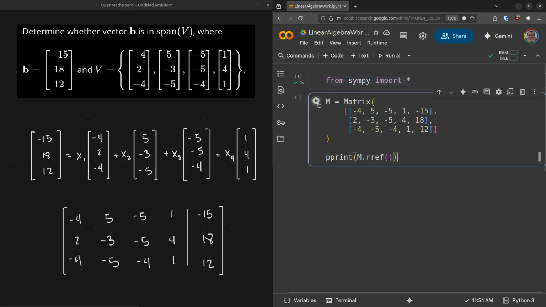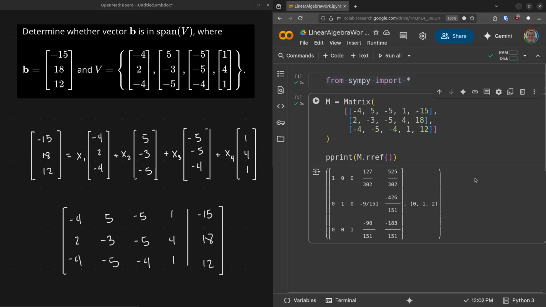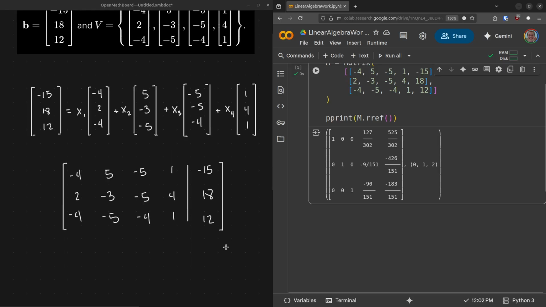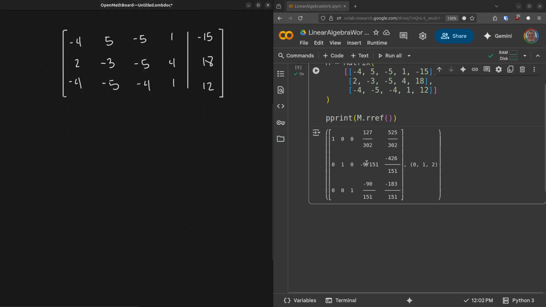Okay, we have this pretty nasty matrix, but it is a matrix, and we're happy the computer was able to do it for us instead of having to do it ourselves. Let's see what we get here.